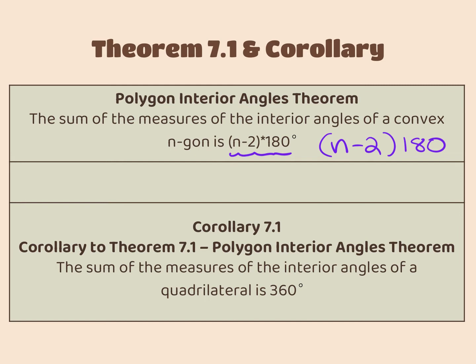However, you're going to see quadrilaterals so often that you're better off memorizing that for all quadrilaterals, the sum of their interior angles equals 360, just like you did for the triangle. And quadrilateral means any 4-sided figure. It doesn't necessarily have to be specifically a square or a rectangle. It's any 4-sided figure. Their sum will always be 360.